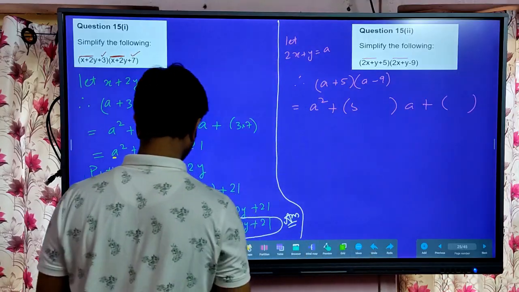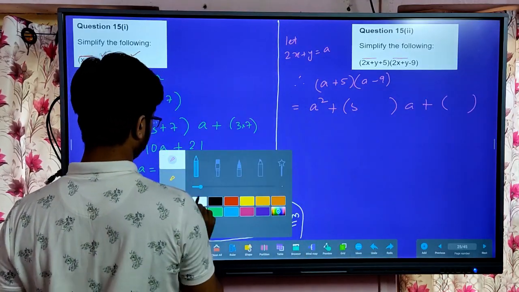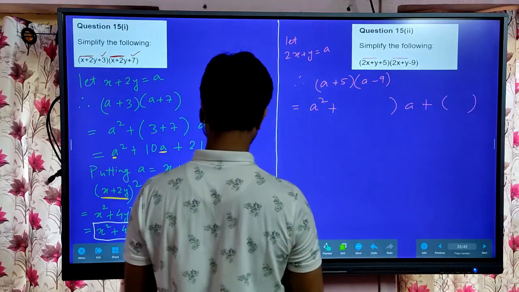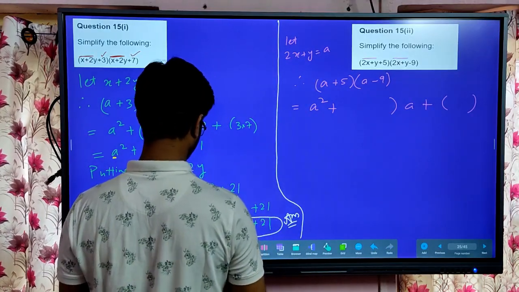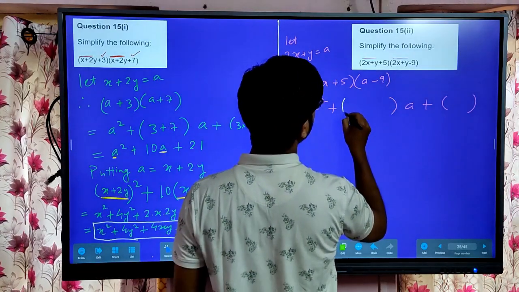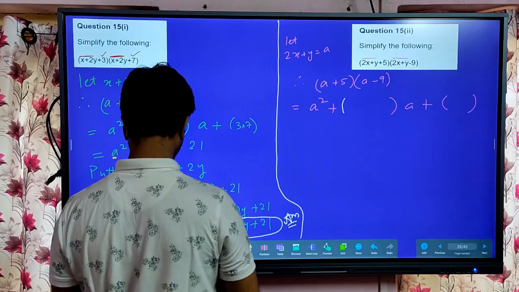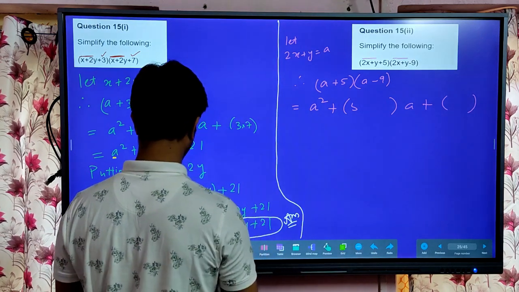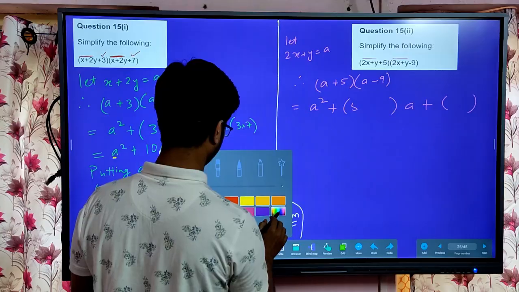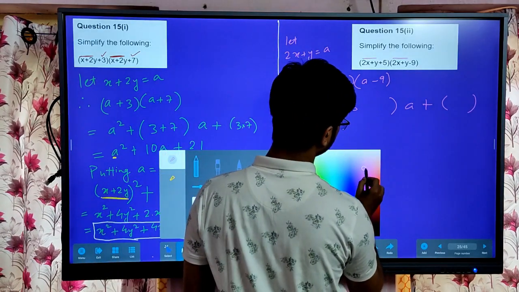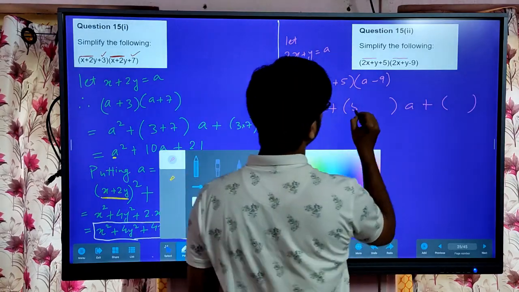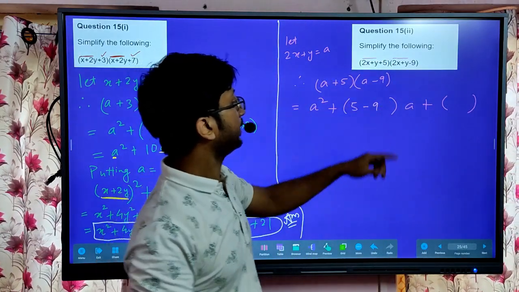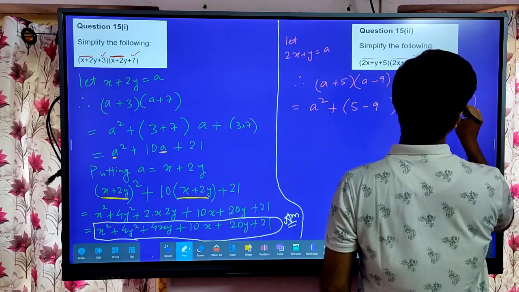So it will be 5 minus 9, and it will be 5 into minus 9.